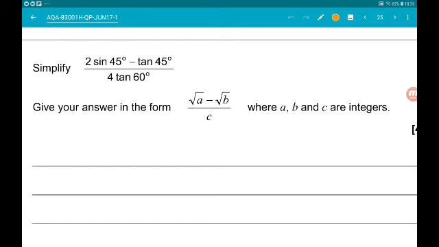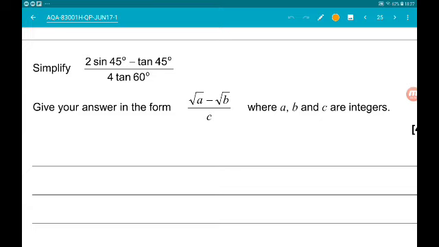We want to simplify 2 sine 45 minus tan 45 over 4 tan 60, giving our answer in the form root a minus root b over c, where a, b and c are integers, so whole numbers.